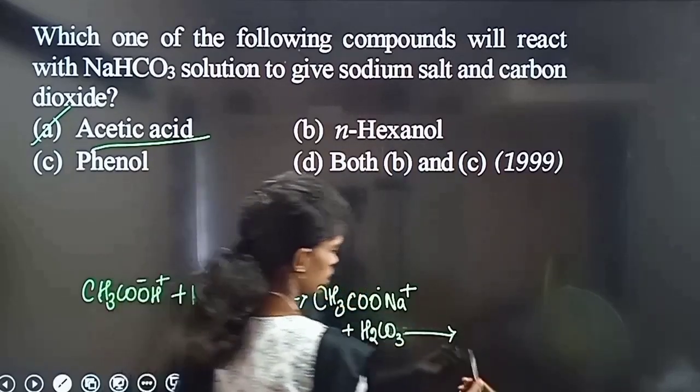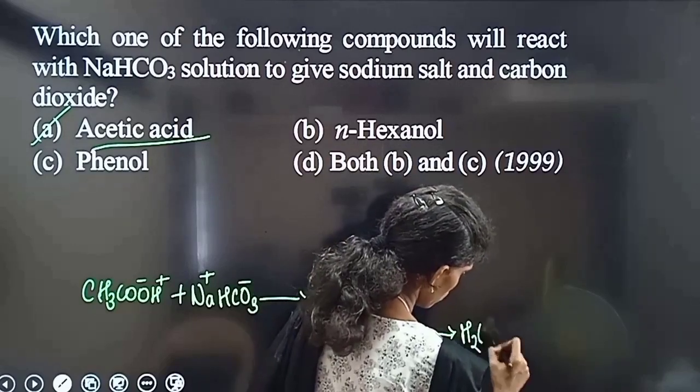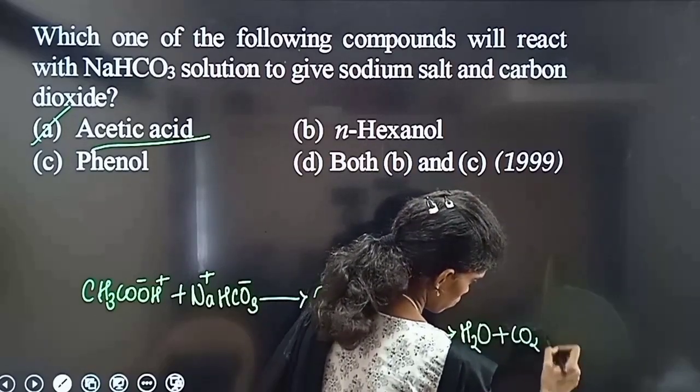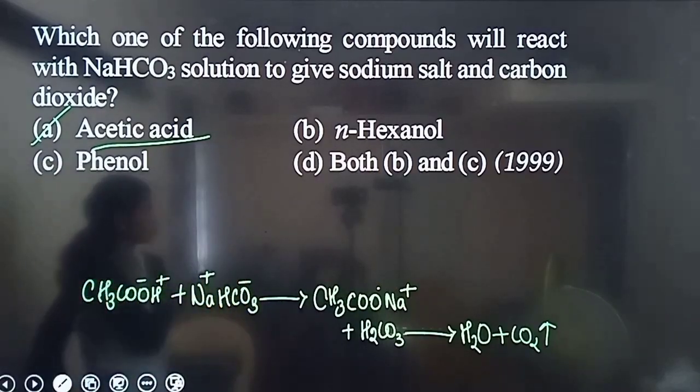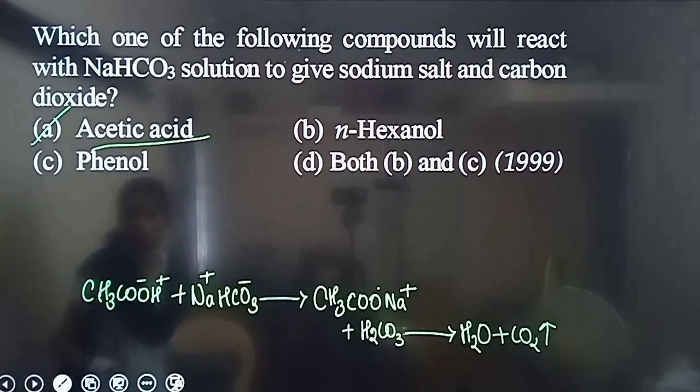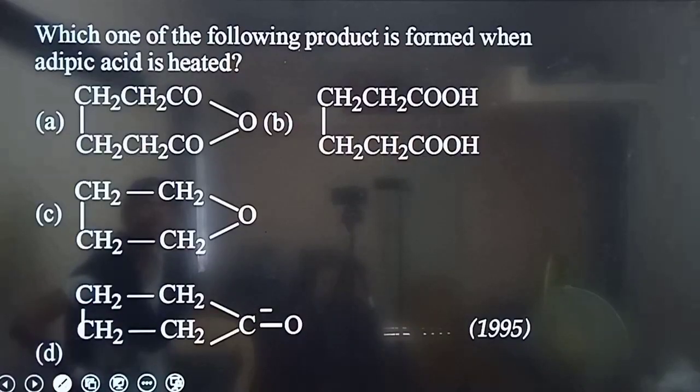This carbonic acid decomposes to give H2O plus CO2. Okay, so hexanol, alcohols also do not react that much with the sodium bicarbonate. So option E is the right answer.